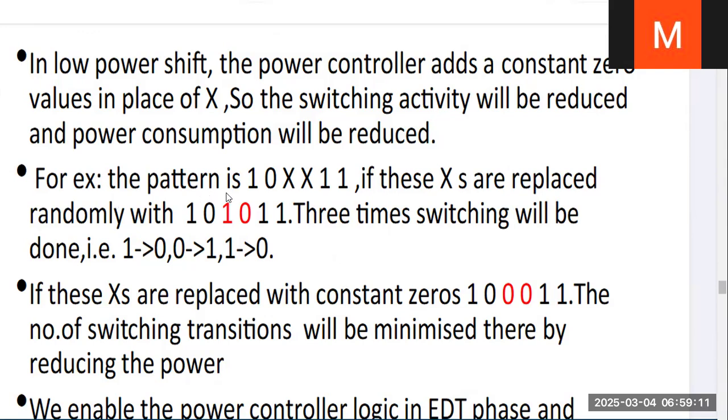For example, if a pattern is 10XX11, the X's are replaced randomly with 1 and 0, so switching happens 3 times, 1 to 0, 0 to 1, and 1 to 0. Again, 3 times switching activity. If these two are replaced with constant zeros, the number of switching transitions will be minimized, thereby reducing the power.